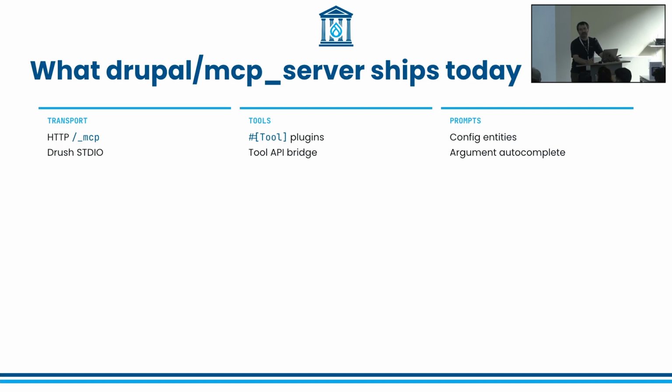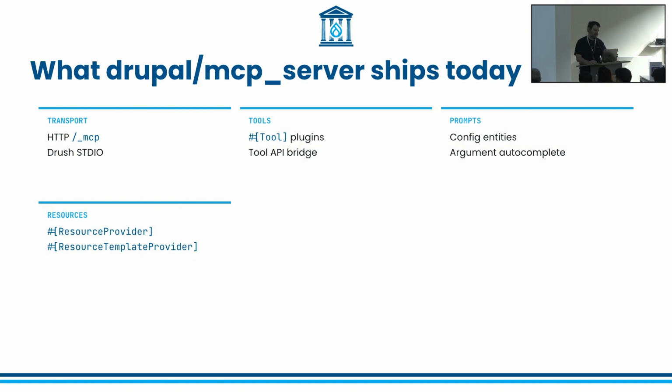You can define prompts, and prompts are also an important part of MCP. And there is the possibility to define resources and resource templates. And there is authentication out of the box. You can also use Matteo's module, WAUS, with WAUS 1.2.1, which is also Matteo's module.